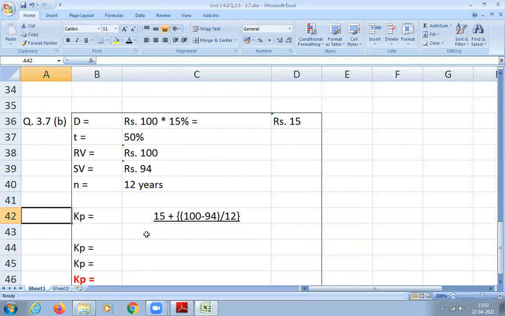Okay, so divided by RV plus SV divided by 2. Substitute that. So please calculate how much you'll get. 15.5 divided by 97.